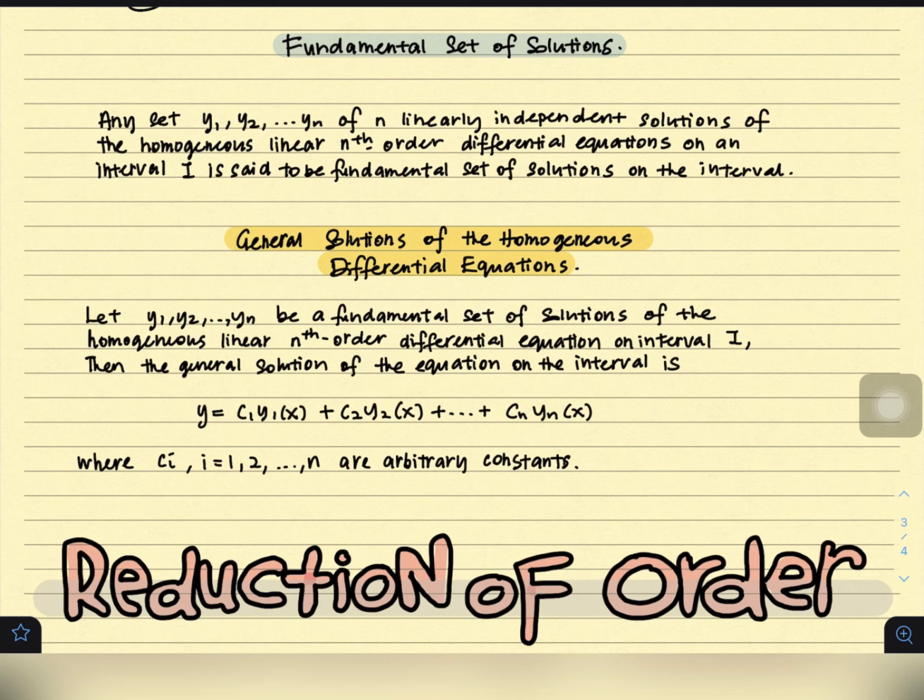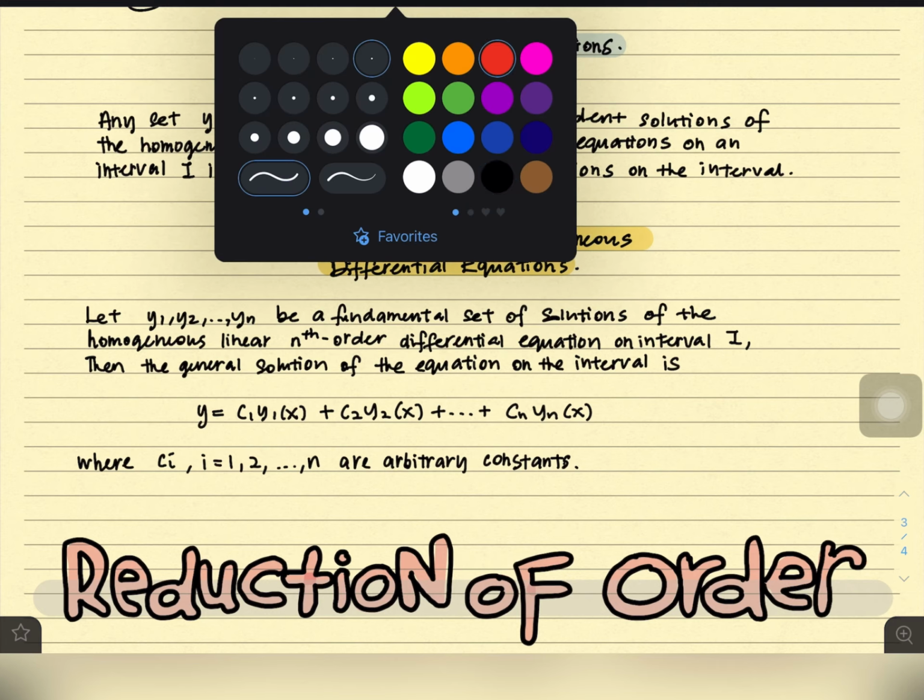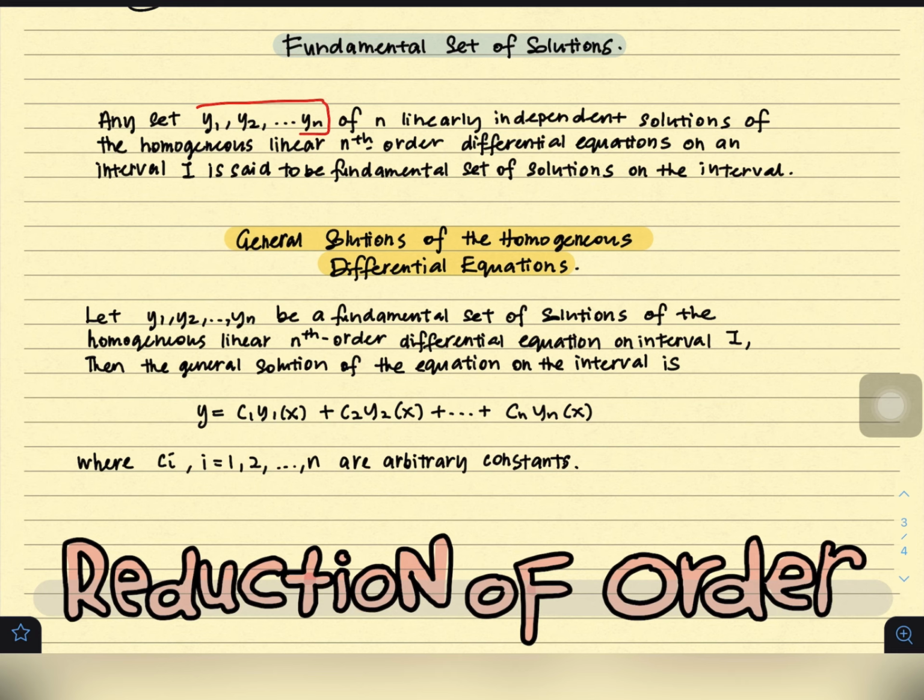It said that any set y1, y2, yn, where y1, y2, yn are solutions to our differential equation, of n linearly independent solutions of the homogeneous linear equation on an interval I, is said to be a fundamental set of solution on the interval.